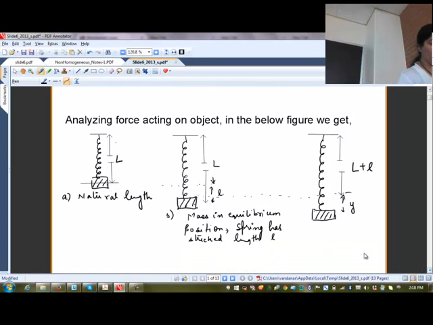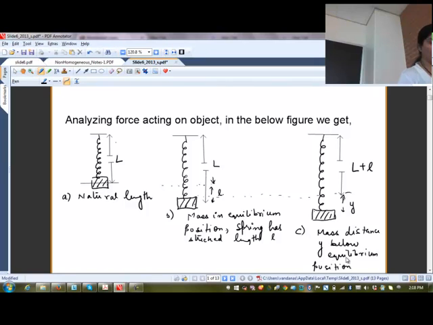Okay, so see the mass is at distance y below the equilibrium position, and now the spring has been stretched.